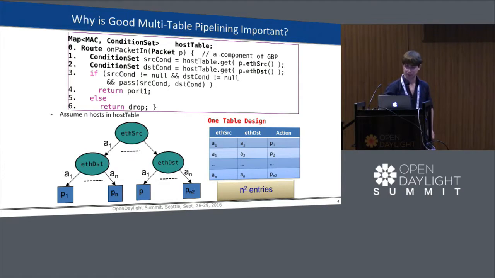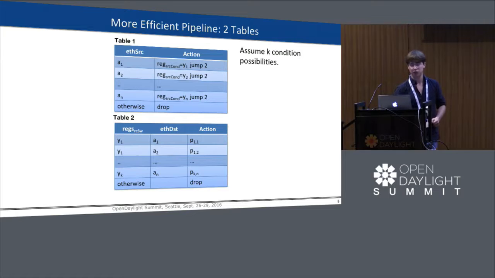However, there are better paradigms. A more efficient pipeline might be 2 tables. If we assume that there are k condition possibilities for the source table, and we assign each of those k possibilities an ID that we can trigger on in the second table's lookup, then we can get the first table in n entries, mapping each source that has an entry to a condition ID exactly, and otherwise dropping it.